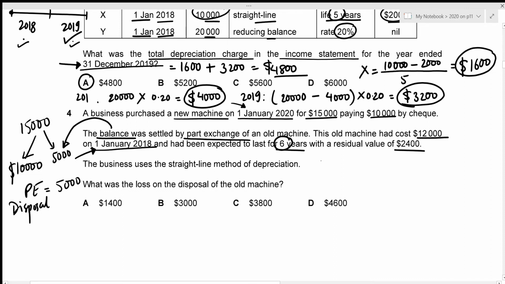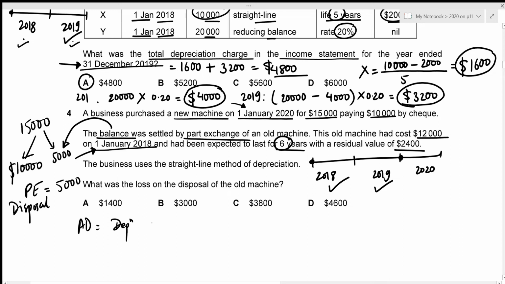So let's make a timeline. It was purchased on 1st January 2018, which is right here, and it was sold on 1st January 2020, which is right here. So we need to charge depreciation for the 2 years, right? So accumulated depreciation is just going to be the depreciation charge for 2 years.